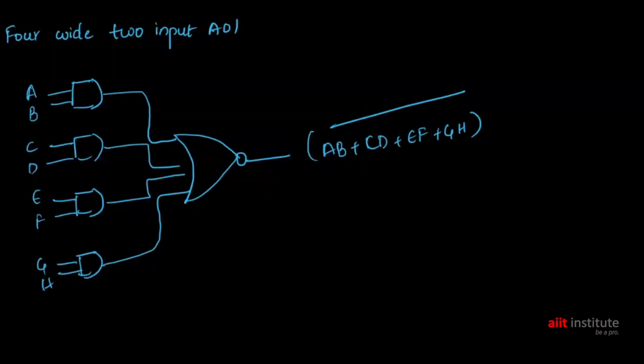Okay. Now let us learn what are the different gates other than this AOI and OAI. We also have some gates called special output gates. So now let us learn them. What are the special output gates? The special output gates are used when you need different kinds of output from the same logic.